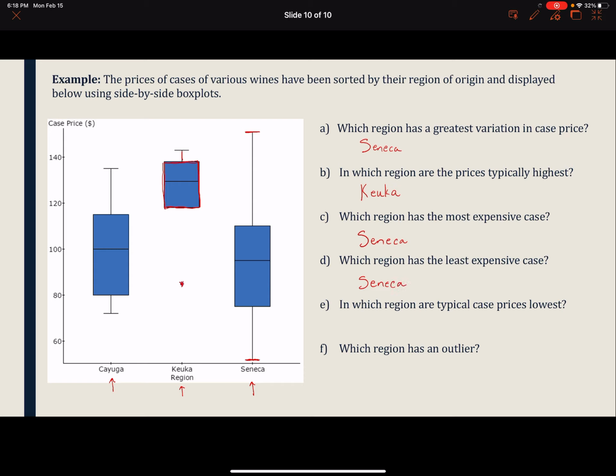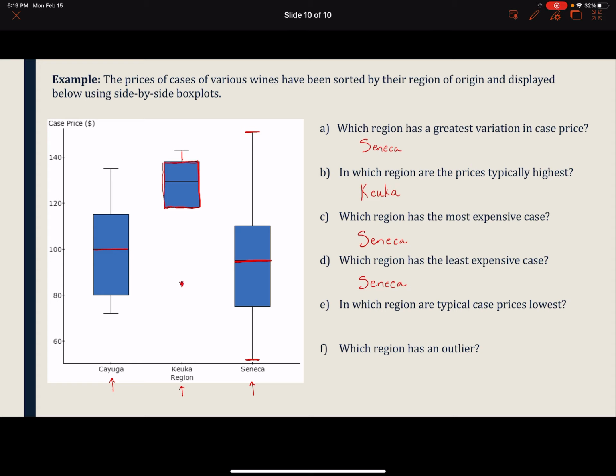In which region are typical case prices the lowest? So this is a little tricky looking at Cayuga and Seneca. I'm going to choose Seneca here just because the median here is lower than the median here. And so this bottom 50% of data that's below this median is lower than the bottom 50% of any of the other groups.